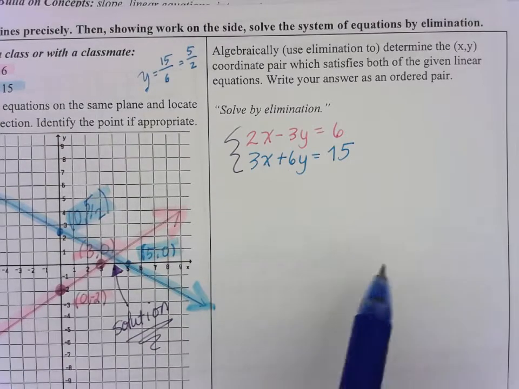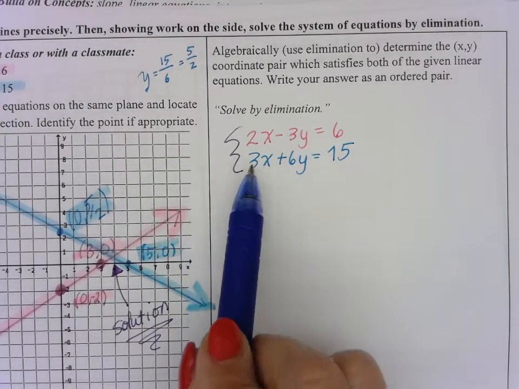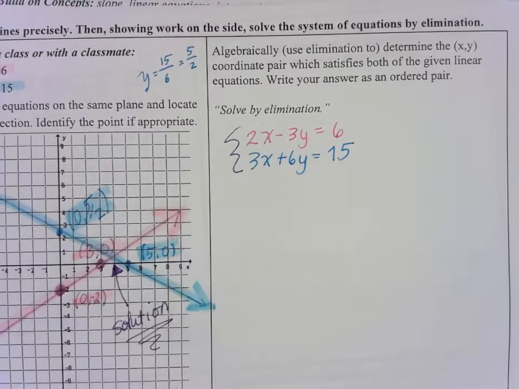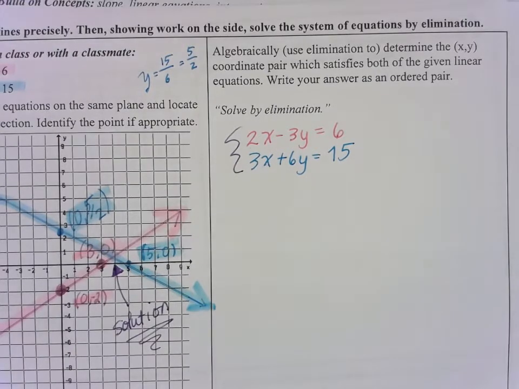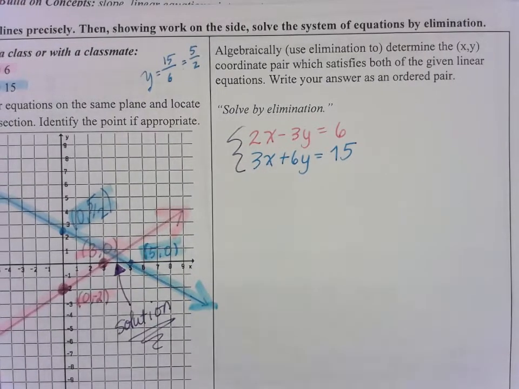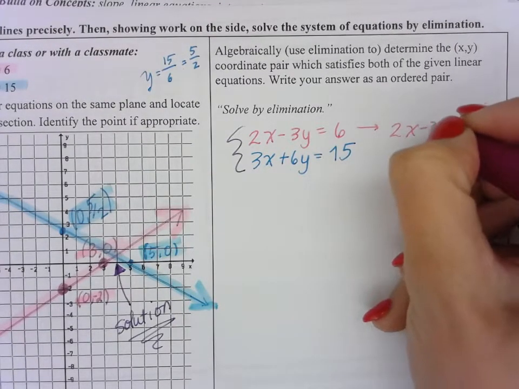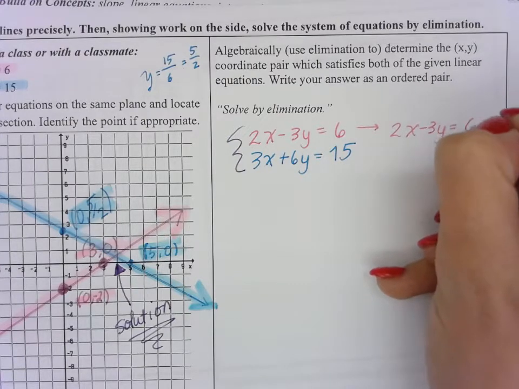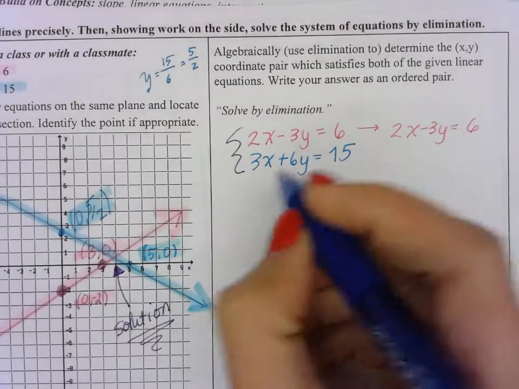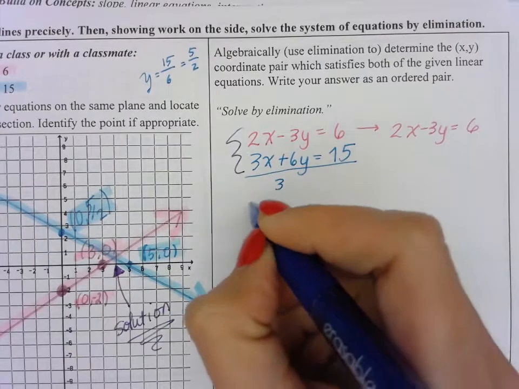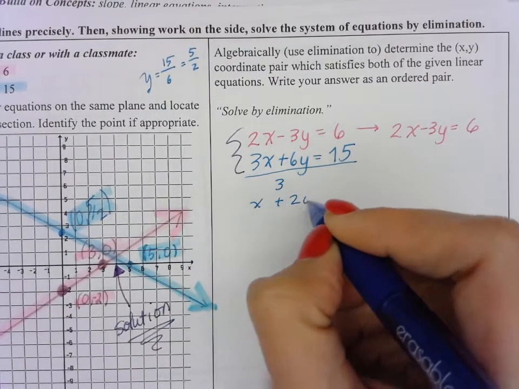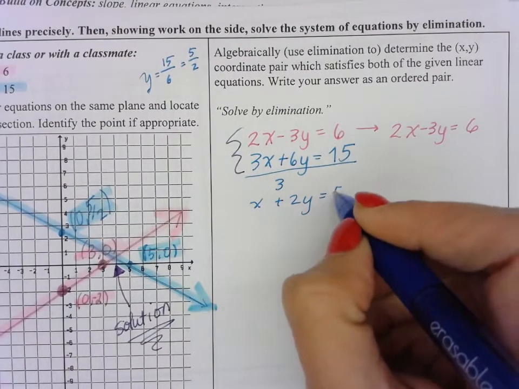So really, it doesn't matter which way you do it, or I can multiply by 2 and multiply by 3 and make these both 6, okay? I guess I'll do it the most interesting way. So I will leave my first equation as is. I'm just going to draw an arrow. 2x minus 3y is equal to 6. Now for this one, if I divide by 3 first, I'll get x plus 2y is 5.